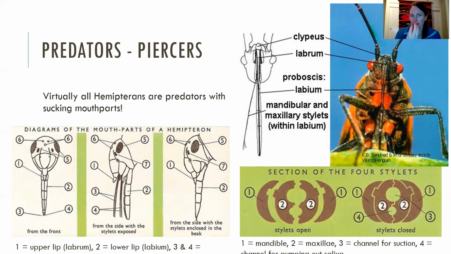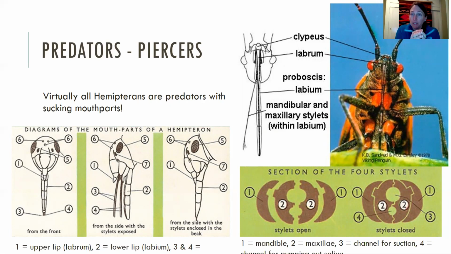So looking at it from the front, it just looks like a proboscis, like a pointy sucky tube, but what you're seeing mostly is the lower lip that's been formed into a trough. And then these stylets, which basically are these tubes, and they're kind of open.